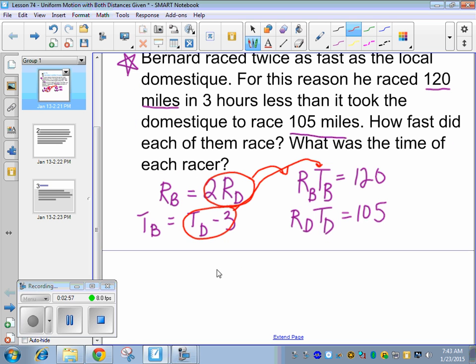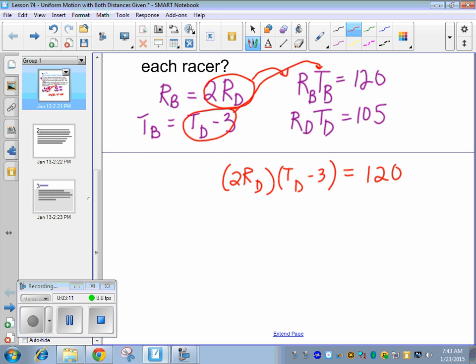So RB is equal to 2RD, and then TB is equal to TD minus 3. And that all equals 120. So I'm going to distribute it, so that's 2RDTD minus 6RD equals 120.